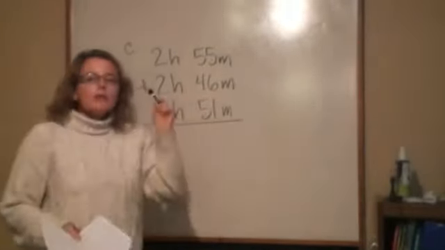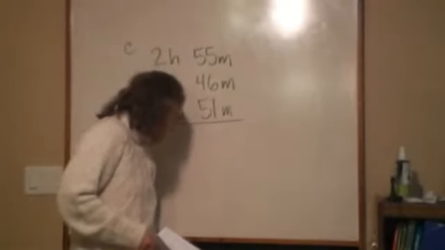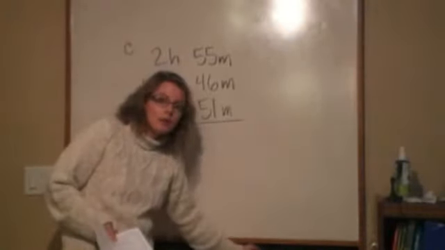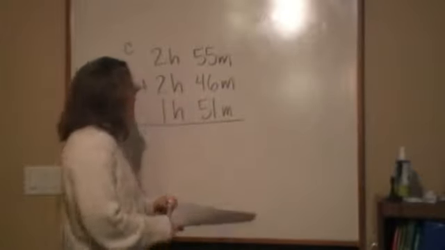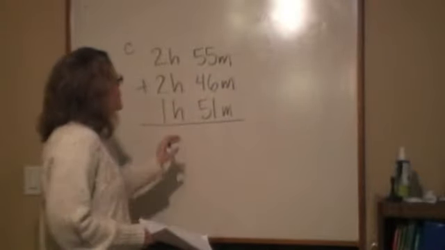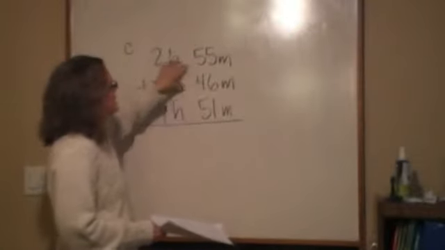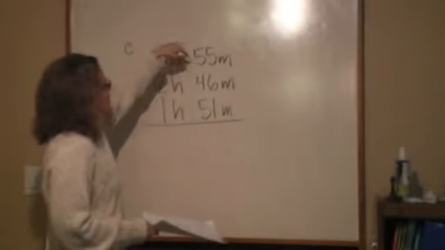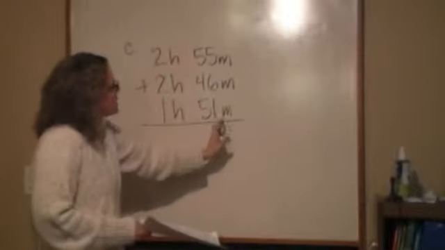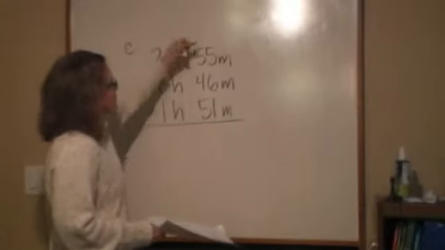Well, this is like adding, and we're going to actually carry just like we normally do, but it's a little bit different. You have got to add these separately because you can't add minutes and hours together. You have got to add all your minutes together and then your hours together. So let's go ahead and do that.